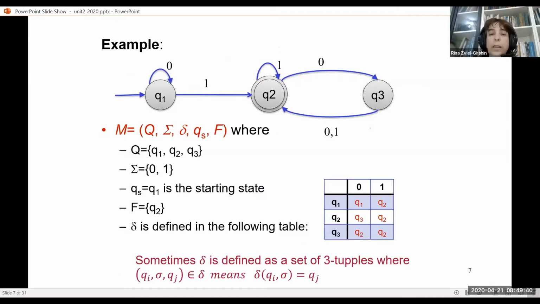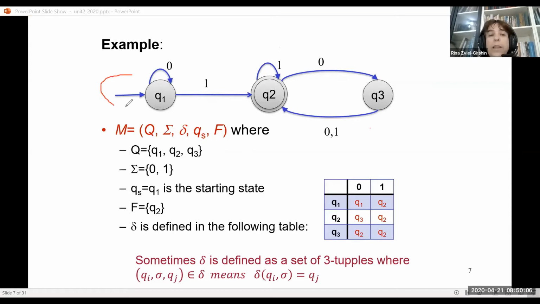So let's look at this example, just a brief reminder. Here we have an automaton with 3 states. So Q is Q1, Q2, Q3. The alphabet here is 0, 1. The starting state is Q1. How do I know that Q1 is the starting state? We have an arrow entering it.